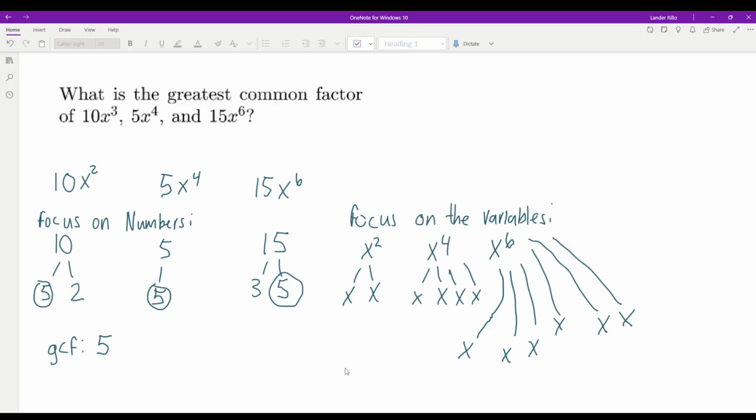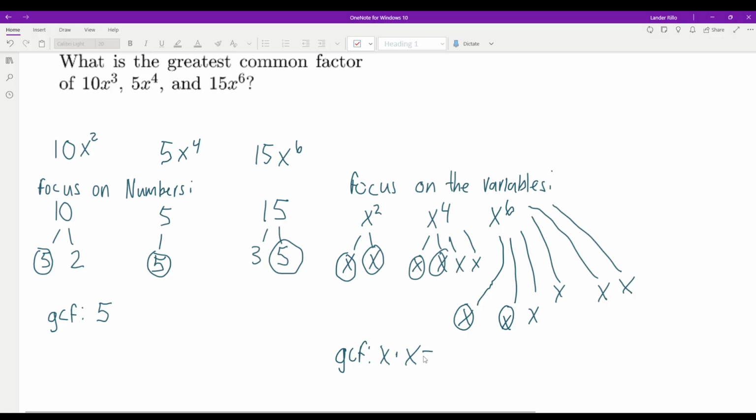Then the GCF of the variables: there's 1x here, 1x here, 1x here, so there's 1x, 1x here, 1x here, 1x here, so there's another x, and there's no more x on this side, so the GCF is just x squared.